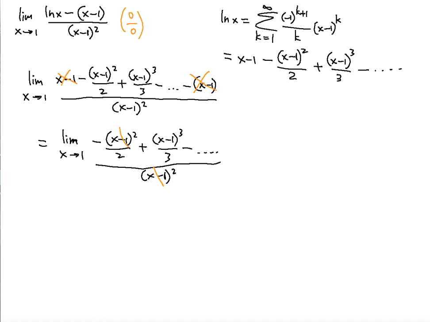Essentially what you will get is negative 1/2, because this divided by that is 1, plus the limit as x approaches 1 of (x - 1) to the third over 3 minus and so on, over (x - 1) squared. As you can see, the powers will keep increasing in the top.